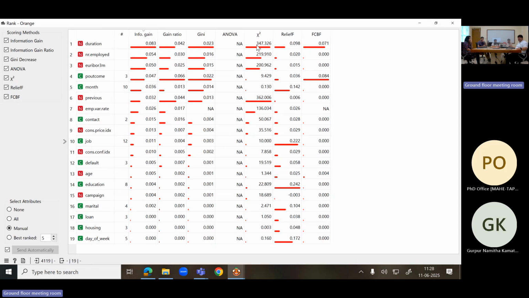So what it means is here the chi-square value seemingly very high means there is a certain group of people with certain duration who have actually taken up the deposit, and of certain duration people they have never taken the deposit.